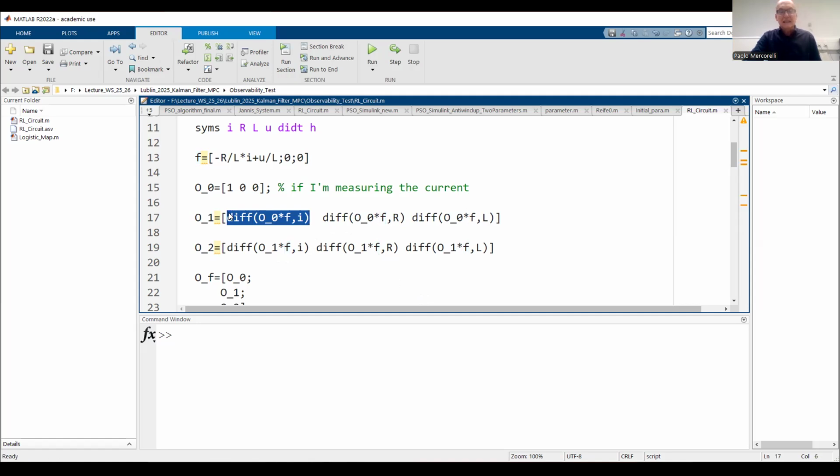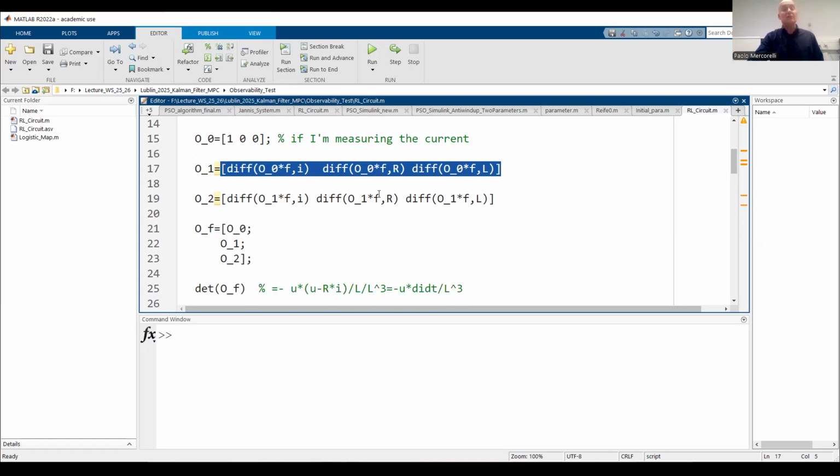This element here is the first component of the gradient, because it's the first partial derivative of this scalar function. This is the second component of the gradient. This is the third component of the gradient. The gradient is this. The gradient of O0 scalar F1, the gradient of the scalar function O0.